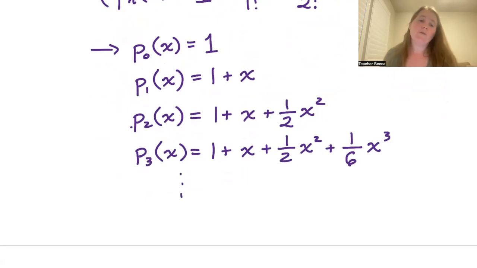So if I switch over to Desmos, we can see kind of what these various approximations look like.